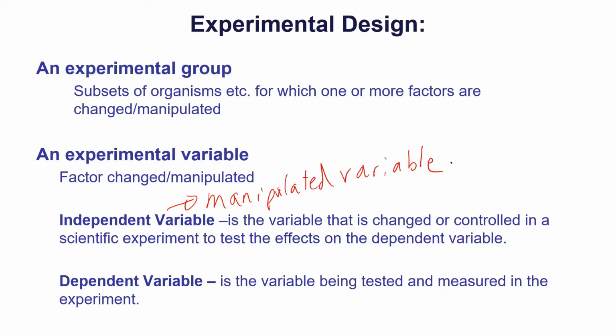And the dependent variable is usually what's being measured, so sometimes people call it the measured variable. We're going to talk a lot about these in the lab: which is the independent variable, which is the dependent variable, so something to think about as we get to those lab exercises.